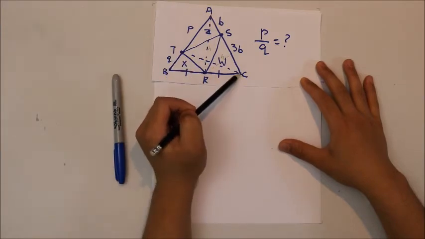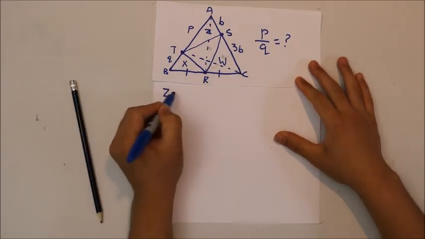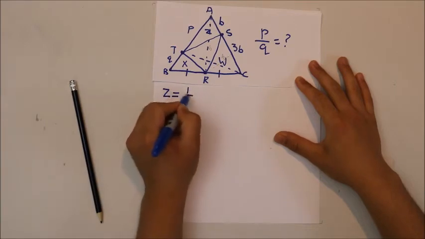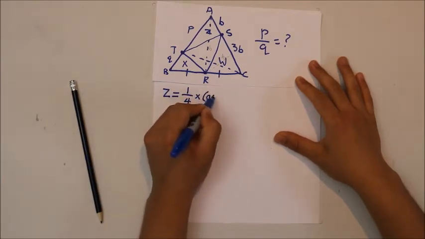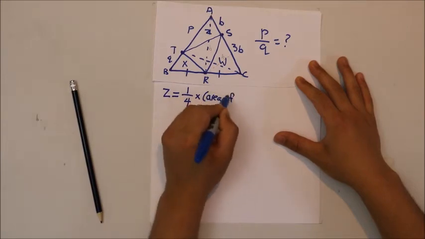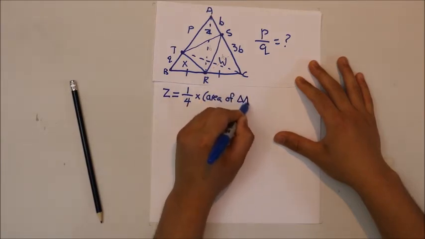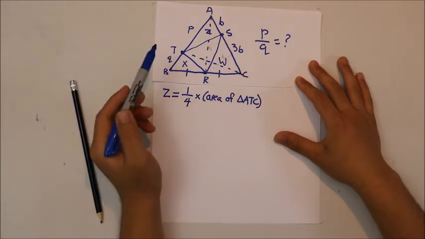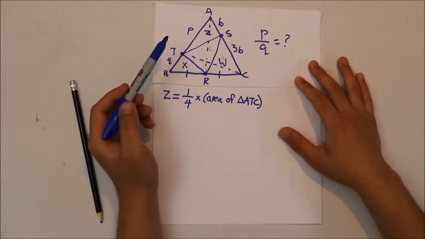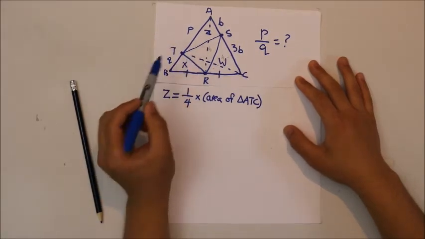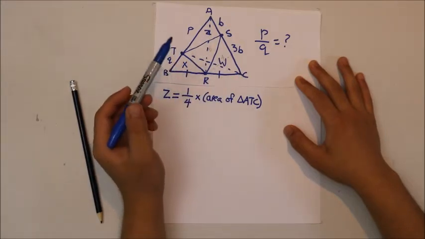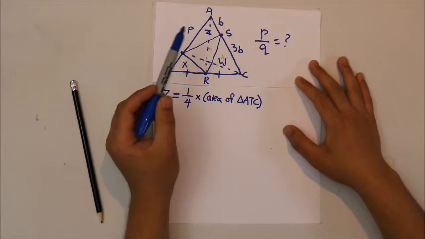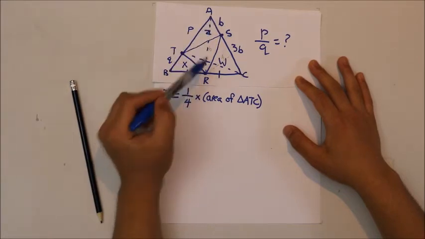So Z is equal to 1/4 times the area of triangle ATC. However, if we want to look at triangle ATC in relation to triangle ABC, we must look at what we did before to find the area of triangle ARC.